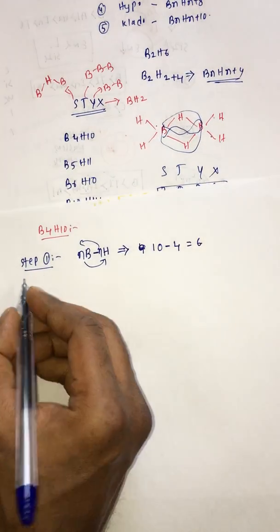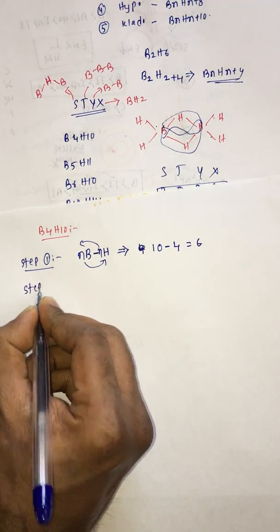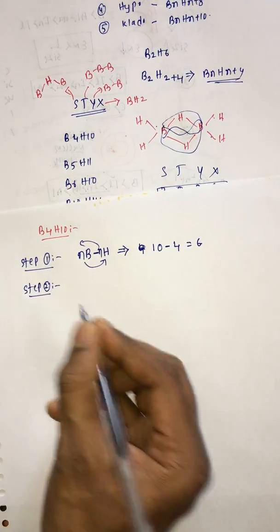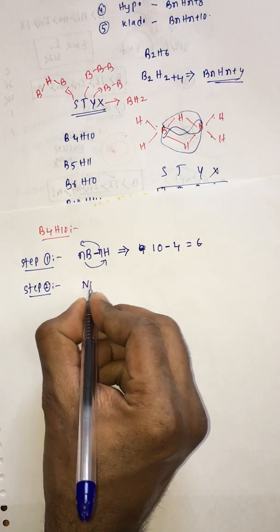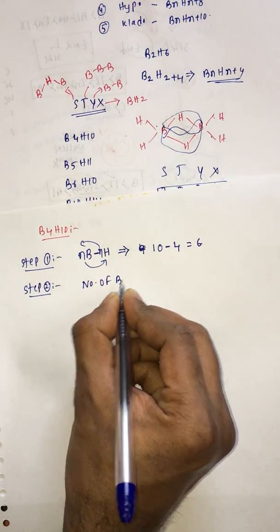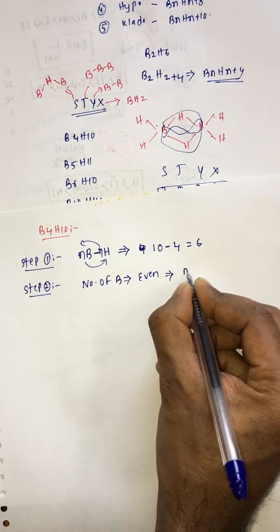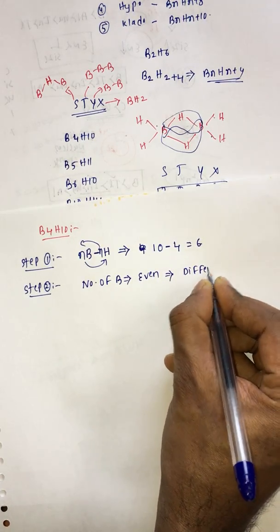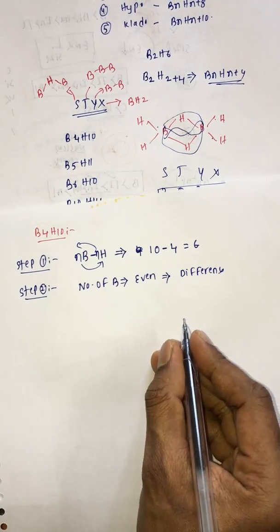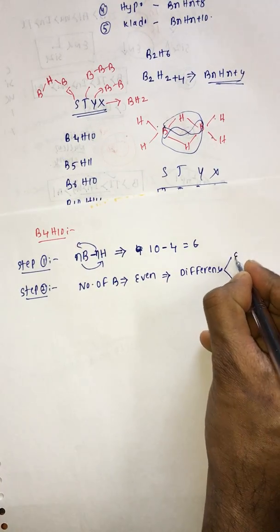Now step 2. If the number of borons is even, then whatever difference comes in step 1, we have to divide into 2 even numbers.